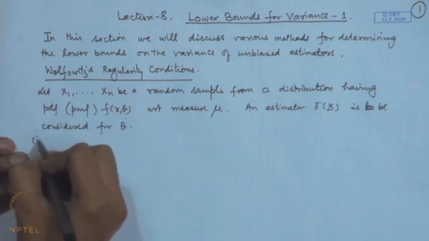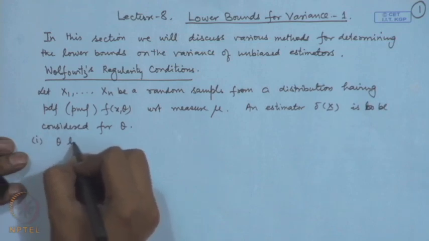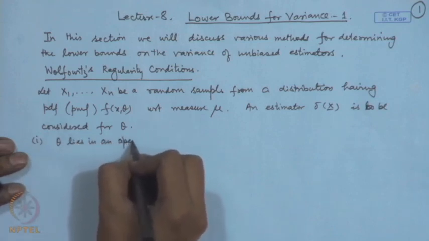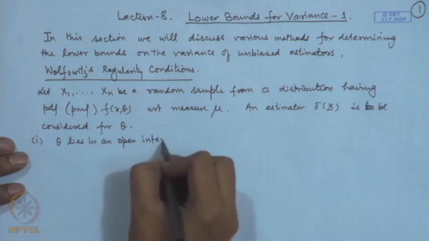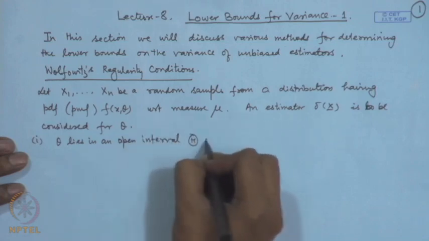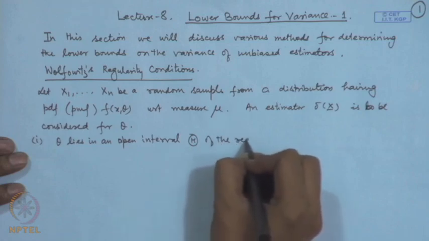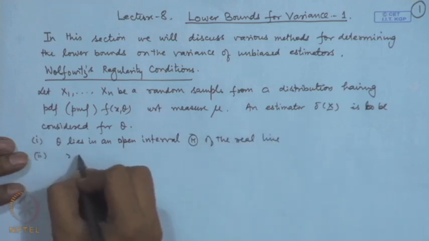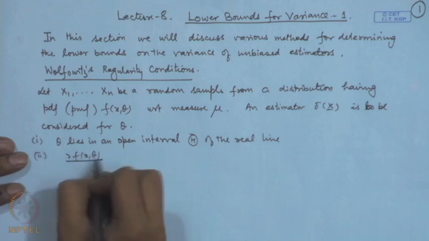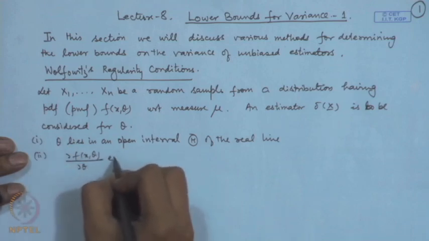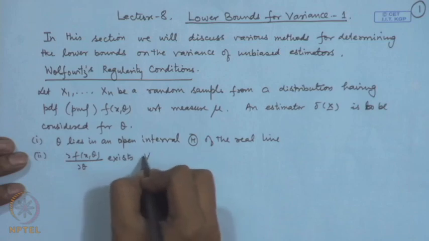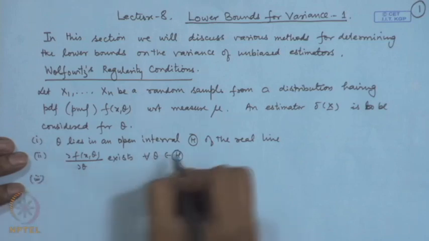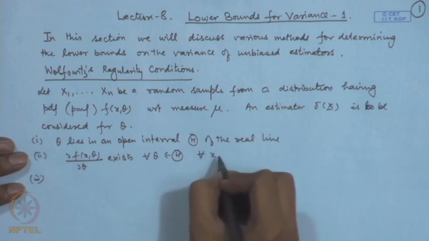We make the assumptions that theta lies in an open interval of the real line, and the derivative of the density or the mass function exists, and of course, for all x or for almost all x.